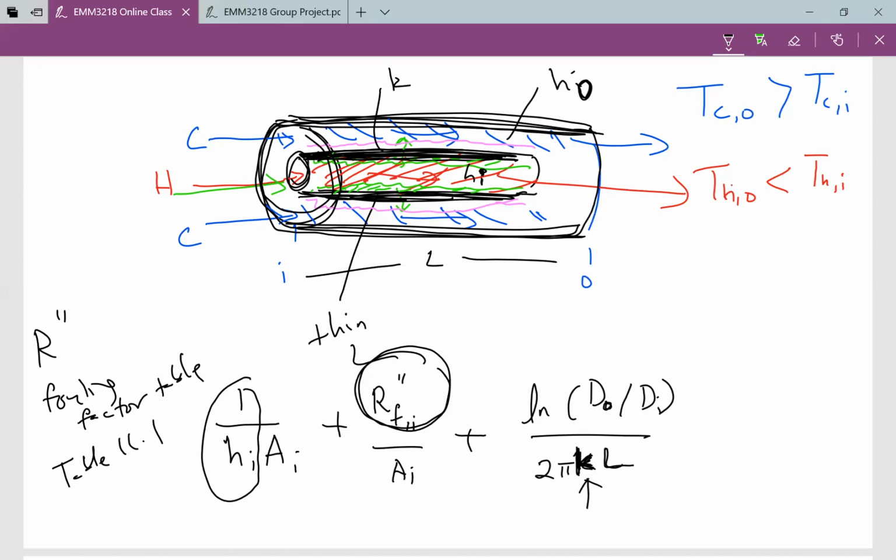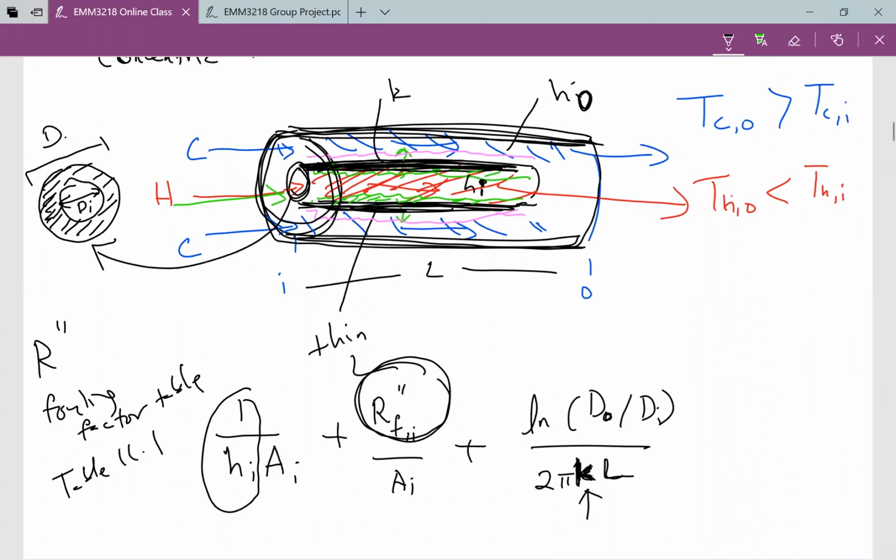DO is the outer diameter of the inner tube. So if I draw the inner tube, you actually have something like this, right? This is kind of exaggerated a little bit. So this is a thickness. This is DI, and then this is D out.